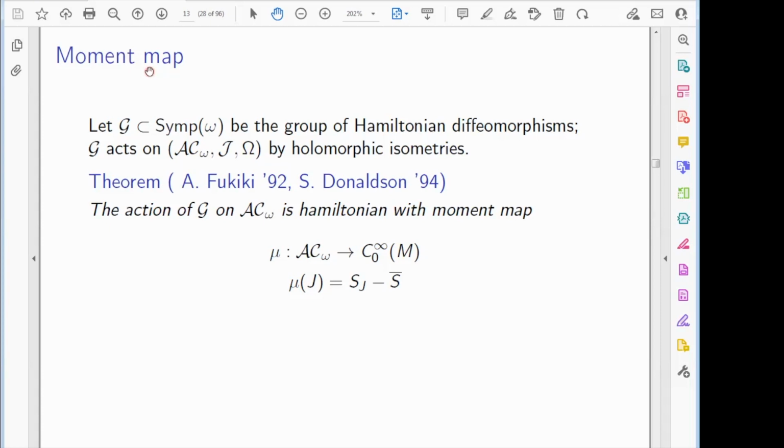Well, I guess first, the symplectomorphism group. So the symplectic manifold, compact symplectic manifold.